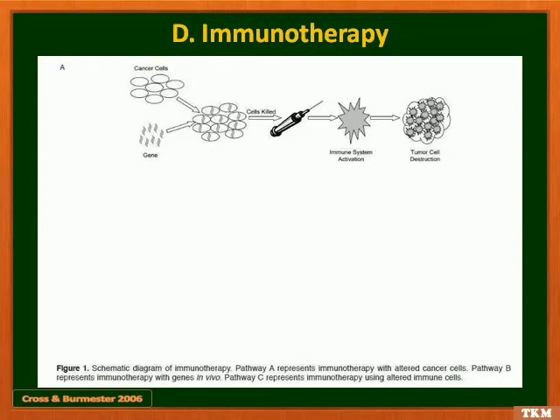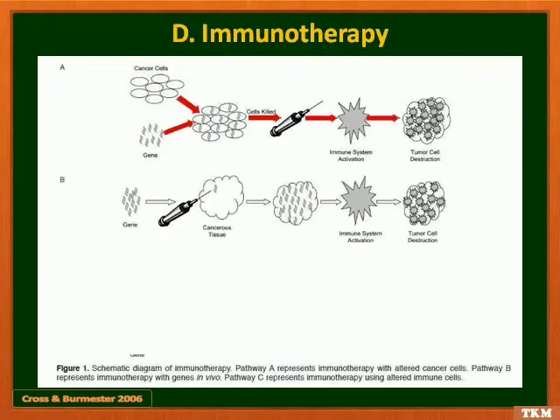There are three different pathways that can be used. The first pathway is immunotherapy using altered cancer cells. The cancer cells are altered with genes and injected inside the human body, and thus it activates the immune system, and that leads to tumor cell destruction.